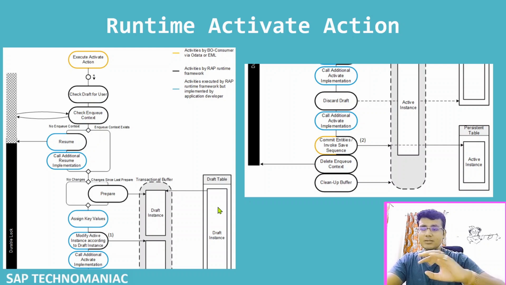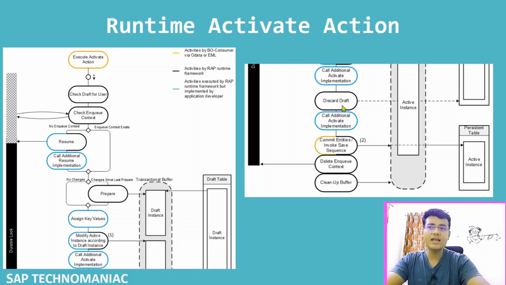Once this prepare action is called, since we are activating the data, we assign the new key field in our active table, then modify the active instance according to the draft instance. You copy the draft instance data to the active instance data, and if you have some additional implementation on the activate action, that will be called.